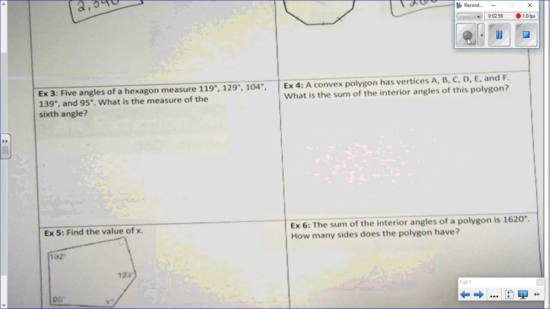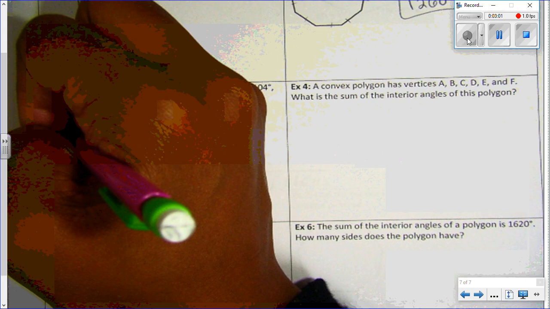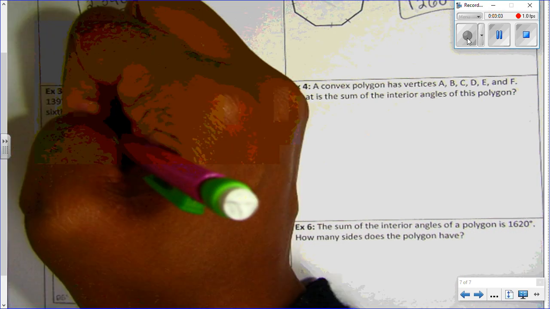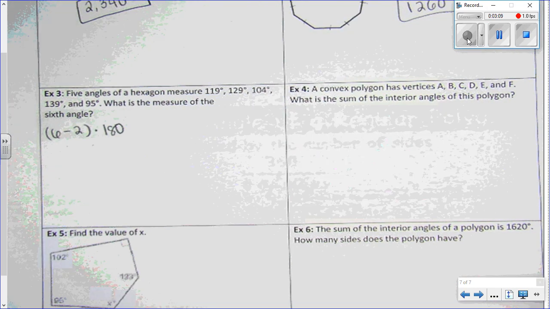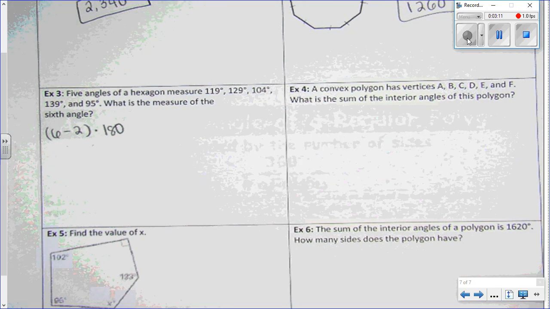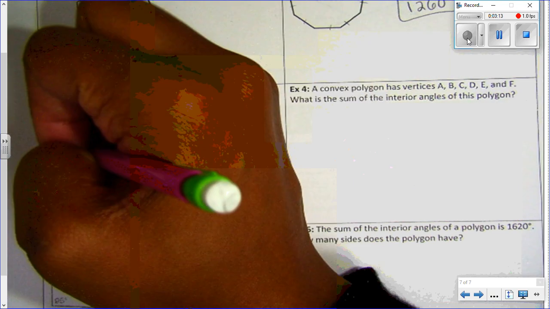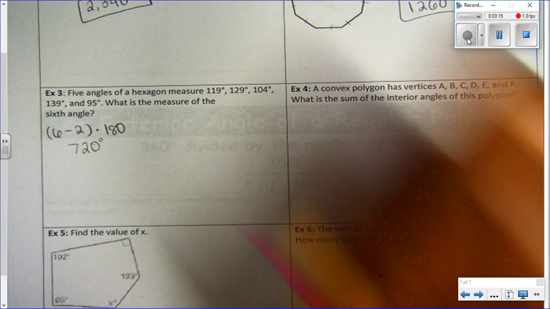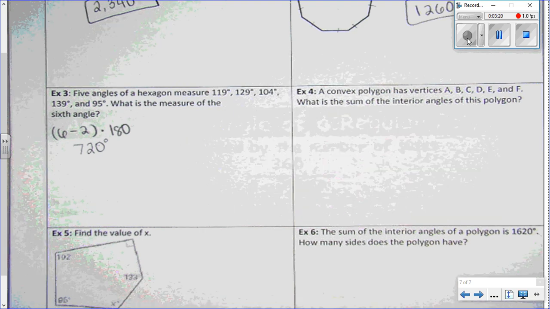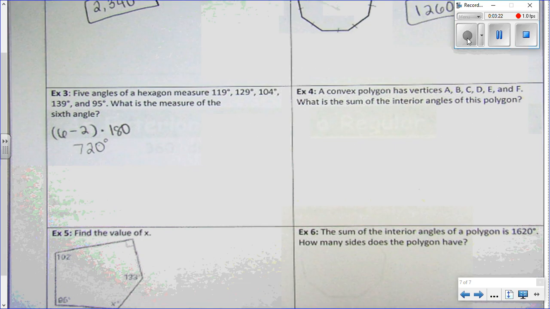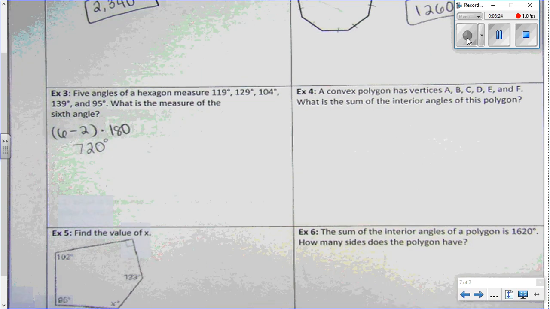We know a hexagon has 6 sides, so we do 6 minus 2 times 180 degrees. 6 minus 2 is 4, and 4 times 180 is 720 degrees. So all the angles of this hexagon have to add up to 720.